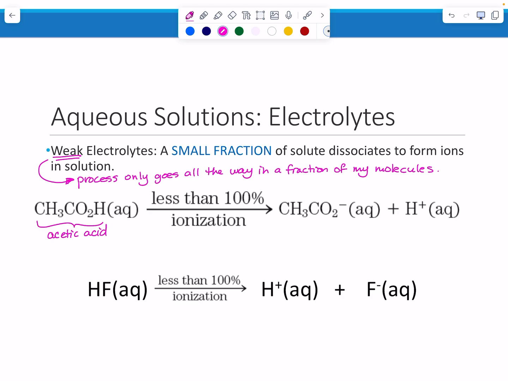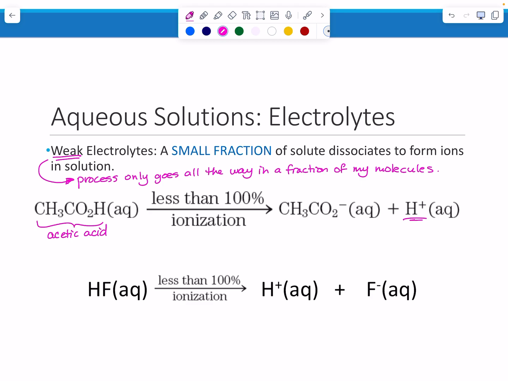So when I put my acetic acid into water, every acetic acid molecule will be surrounded by water, but only some of them will have lost their proton.